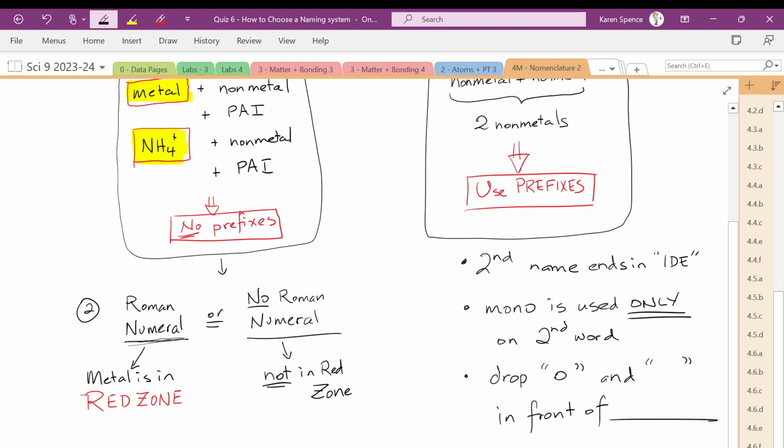O and A. So we drop an O or an A. So instead of mono, we'll just have mon. Instead of penta, we'll just have pent.